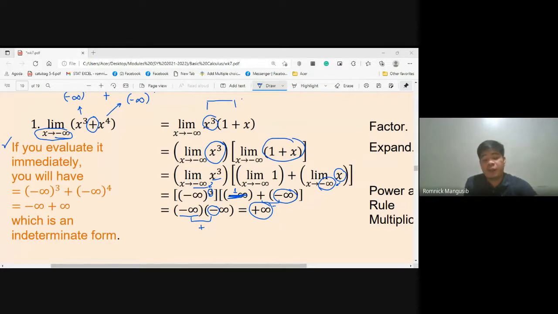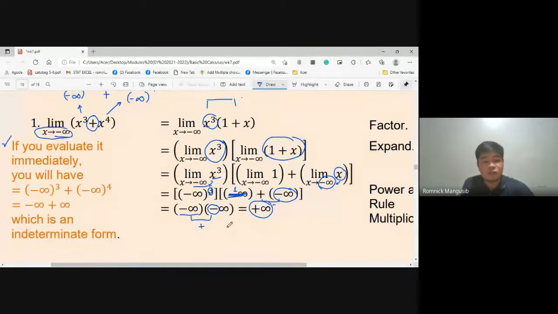Sa lahat ng makikita nyong rules sa limits, inspection is the very first step that you have to do before performing such rules that come to your mind, because the failure to inspect is definitely you're eating much of your time, you're getting lost.